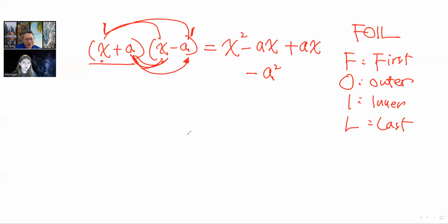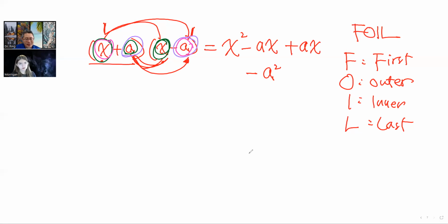Good? Okay. So basically we multiply the first terms, then the outer terms, then the inner terms, and then the last terms.